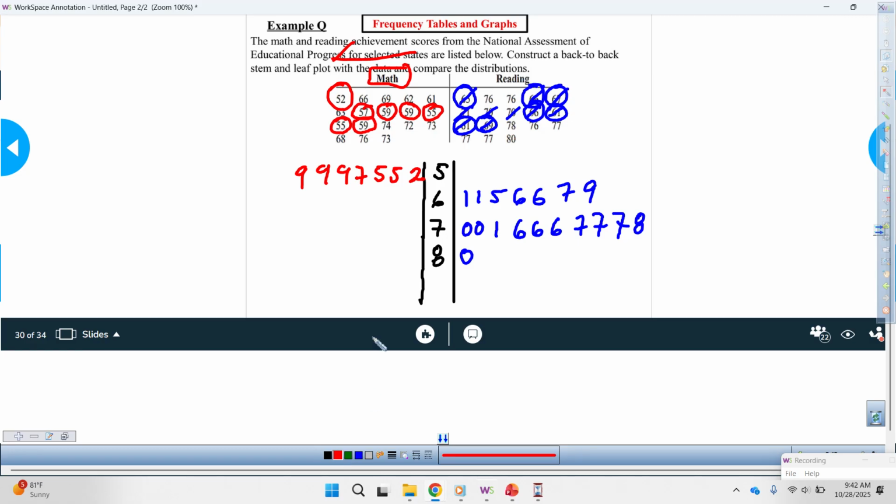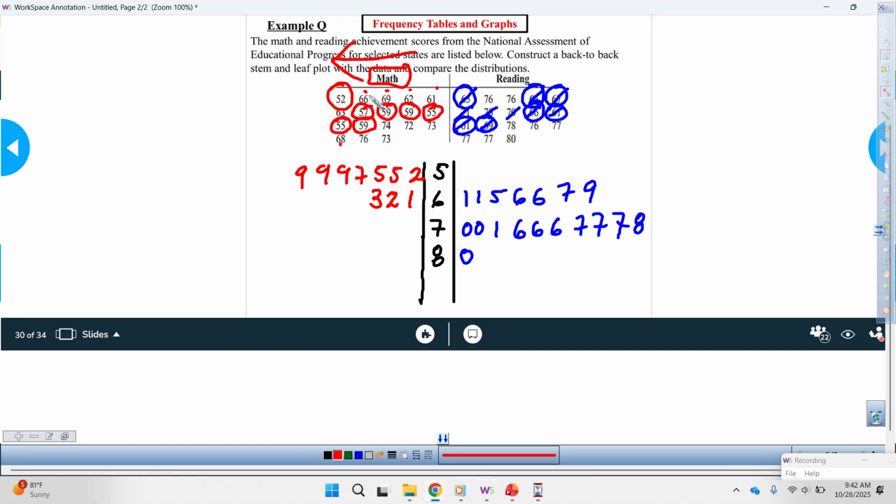All right, next, let's go to the 60s. We got, let's see, 68, 63, 66, 69, 62, 61. I'm going to start with the lowest, which is 61. Then 62. Then we got 63.